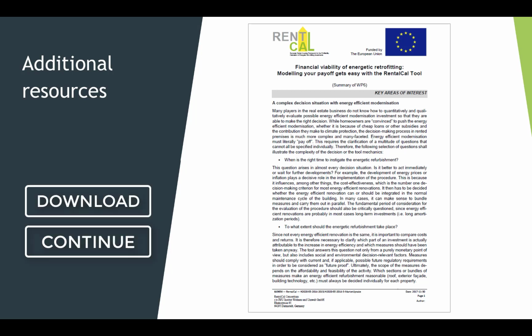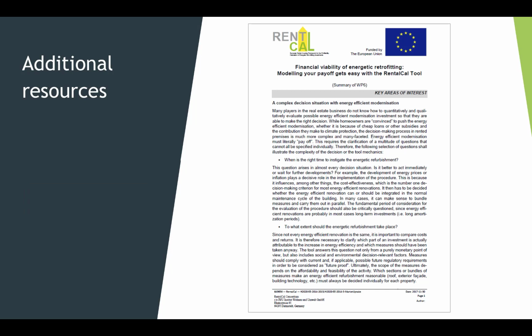At this point, you can open the document by clicking on the respective button on the left, or continue. If you want to download the document later on, open the European Perspective tab on the official RentalCal website and click on Summaries of RentalCal Reports. The last document displayed is called Financial Viability of Energetic Retrofitting, a Complete Financial Plan, FOFI.